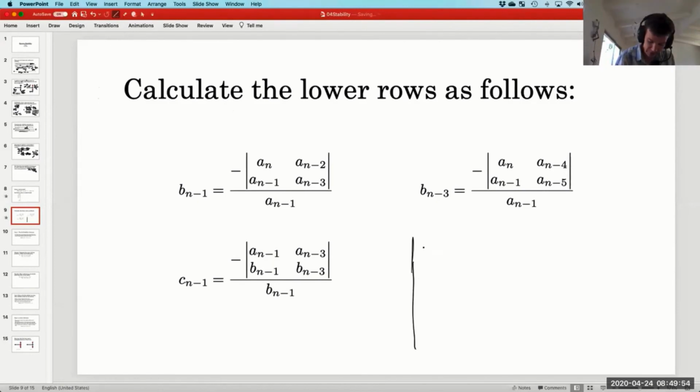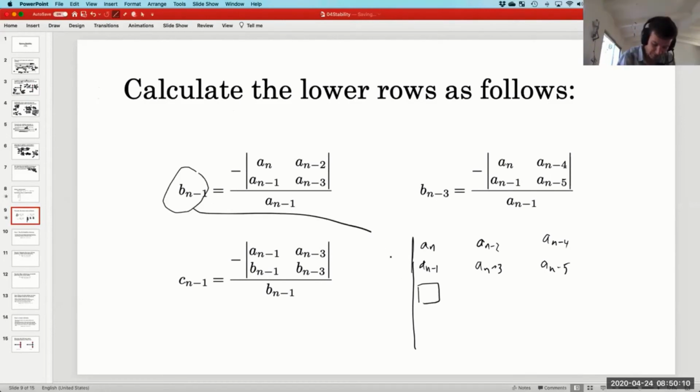So this is a sub n minus 1, a sub n minus 2, a sub n minus 3, etc. To get this coefficient, which I'm calling b sub n minus 1, you want to take the determinant of these coefficients: the left-hand column and the second column from the left.